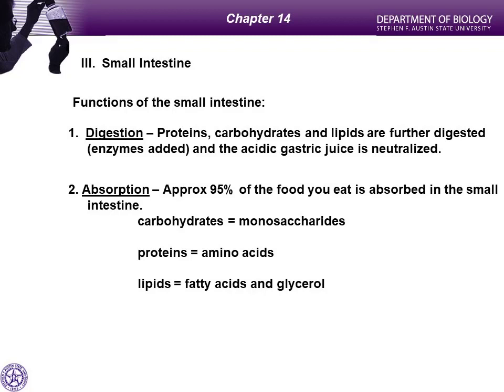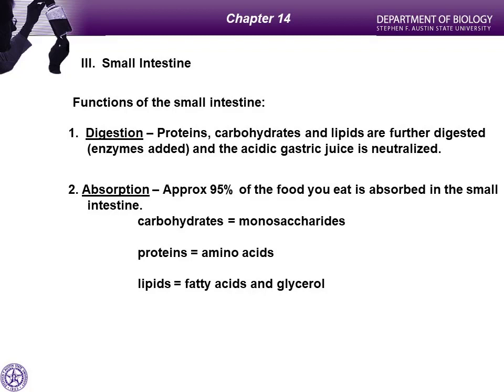Chemical digestion. What's the acid that we play with? Hydrochloric acid. That's going to denature proteins. That's going to cause proteins to open up. What other digestion is happening in the stomach? Sometimes we can hear it when it's doing this. Mechanical digestion, grinding the material into smaller and smaller pieces.